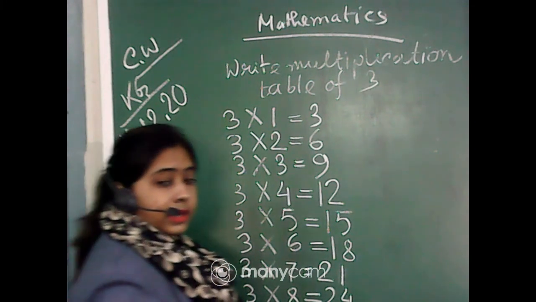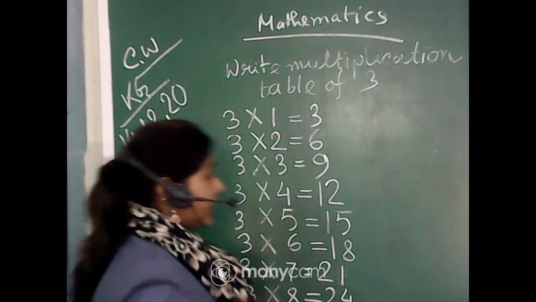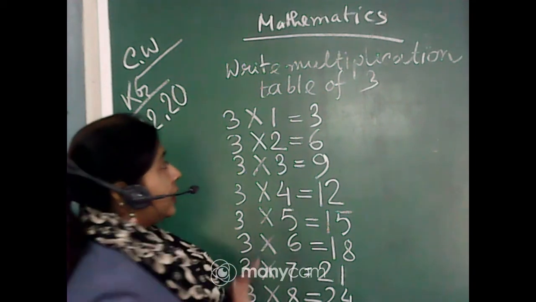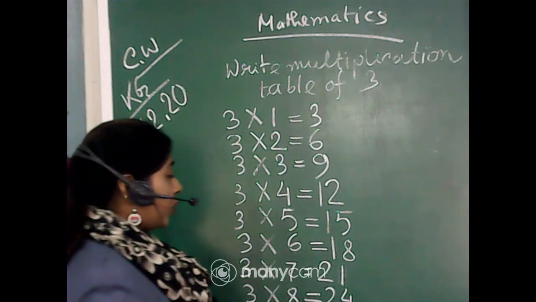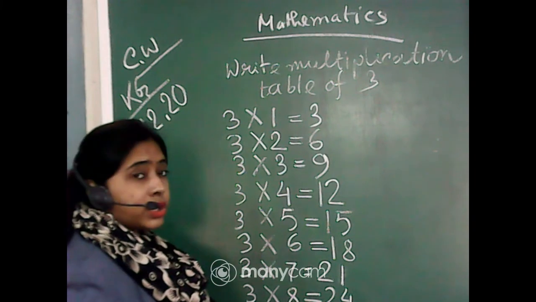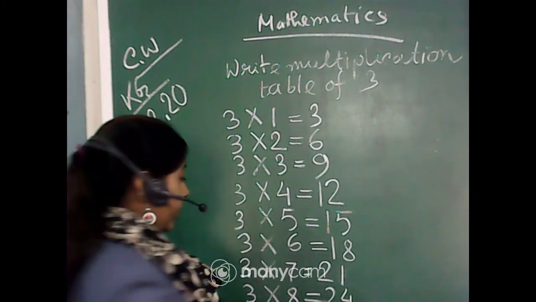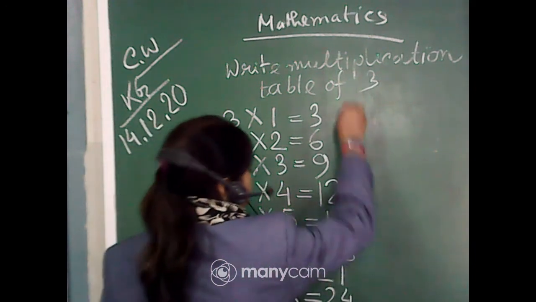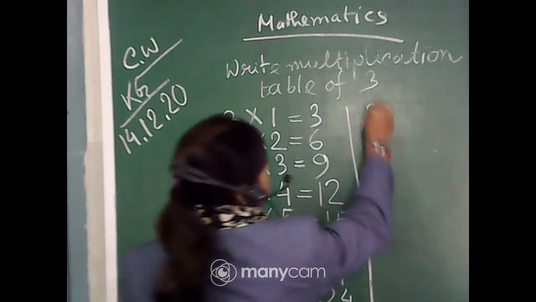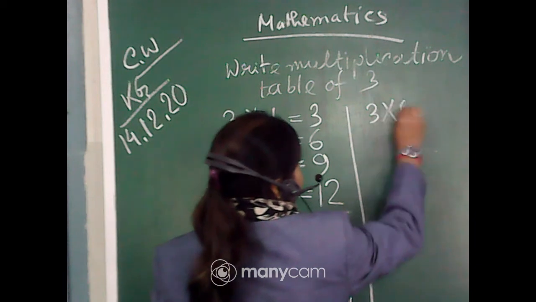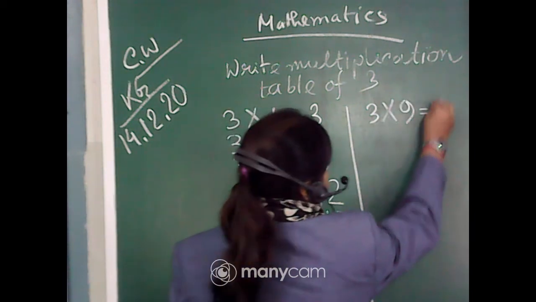Okay, you have completed. Here you cannot see the lower portion of the board, so that's why I am writing on the right side. 3 multiplied by 9 is equal to 27.